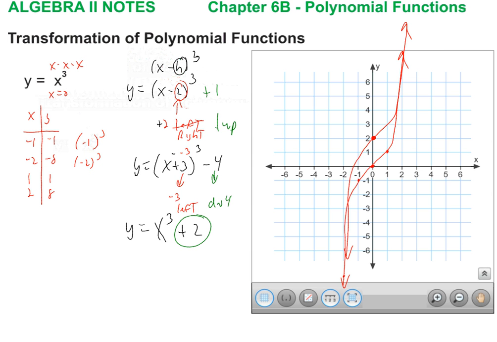Remember, even power, it starts and ends the same way for the lead term. Even power starts and finishes the same. Odd power starts and finishes opposite. Positive lead term always finishes to positive infinity. Negative lead term always finishes to negative infinity.